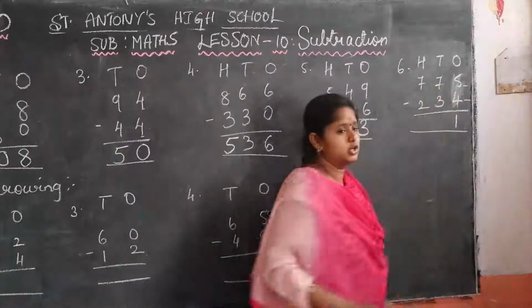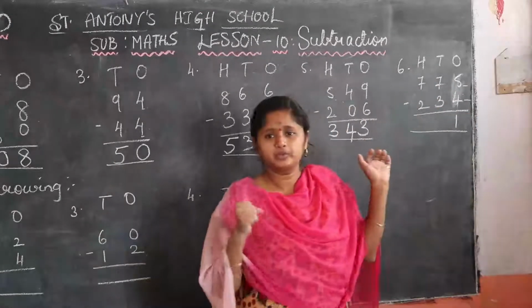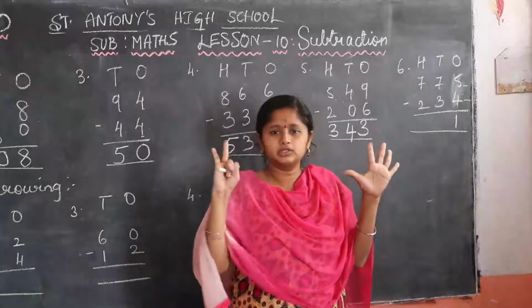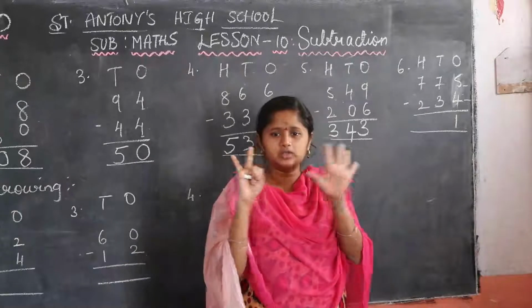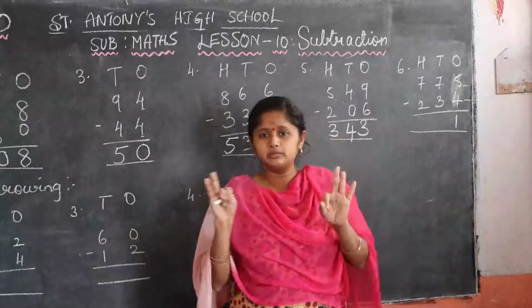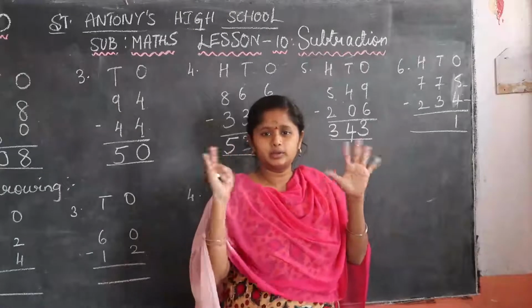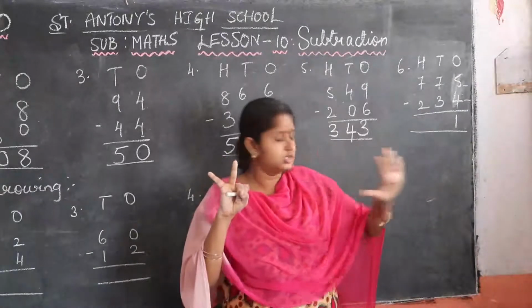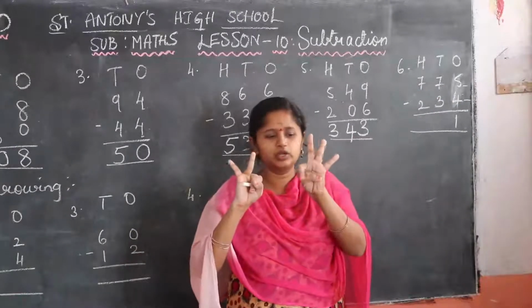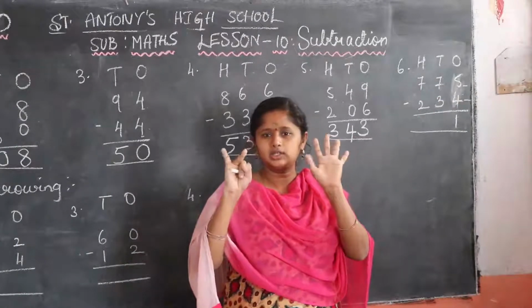7 minus 3. So 7 cream biscuits are with you. What Mama said: eat only 3 biscuits, child. The remaining you eat later on. So 7 minus 3. 7 are there: 1, 2, 3, 4, 5, 6, 7.